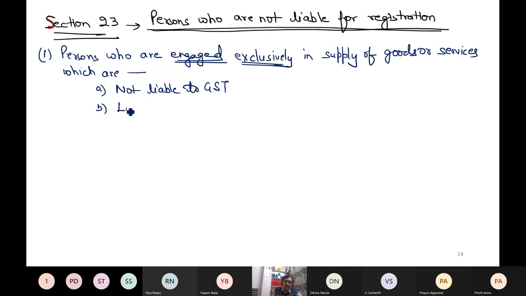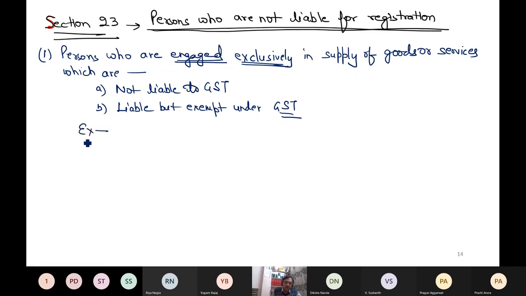Second point, which are liable but exempt under GST. In these two cases, this person is not liable to take GST registration.